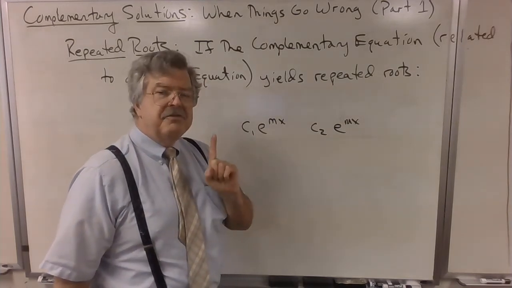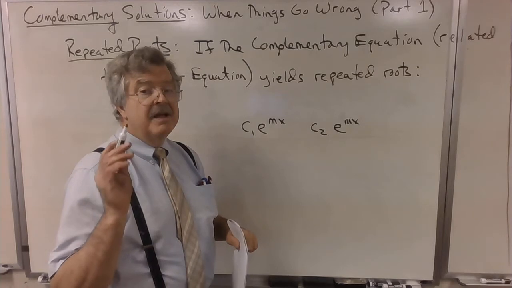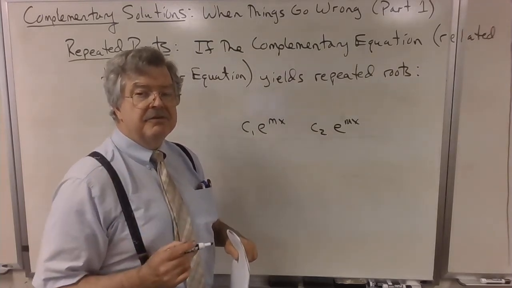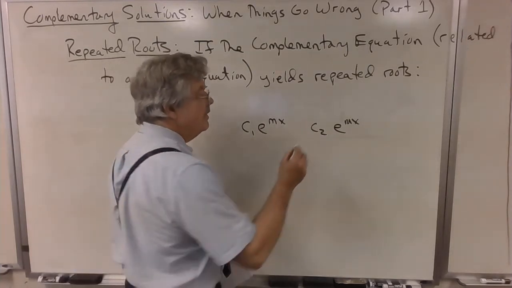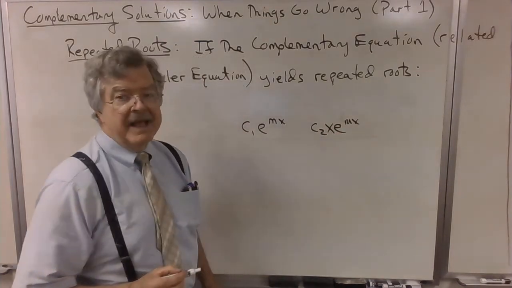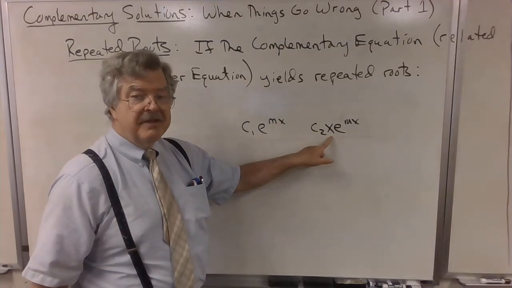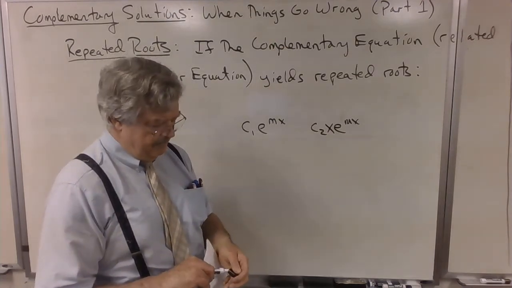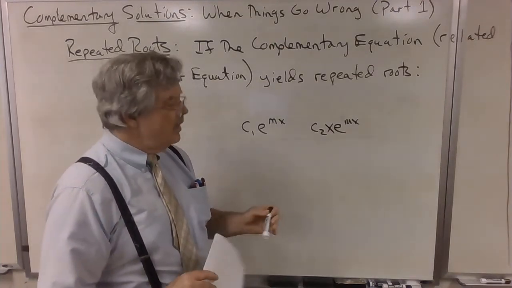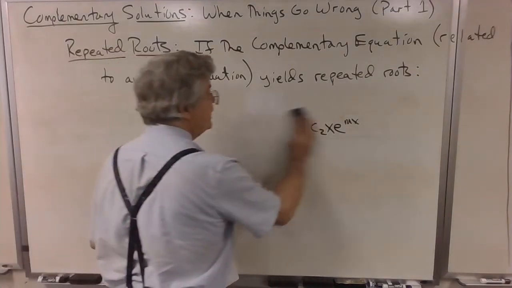So to get the second independent solution when we have constant coefficients, what did we do? We multiplied by x. And this gave us the second independent solution. Now, when we have Euler equations, pretty much the same thing happens.